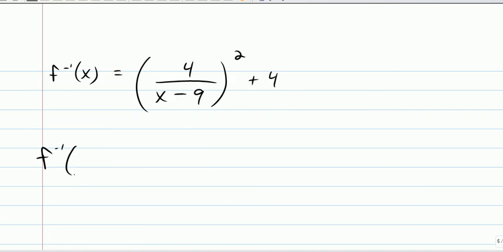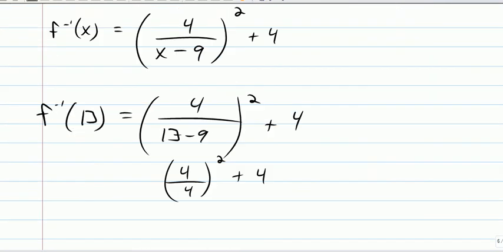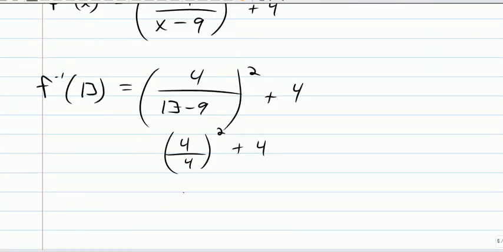F inverse of 13 equals 4 over 13 minus 9 squared, plus 4. So that's 4 over 4 squared plus 4. Alright, we want to get 5, and we did. 1 plus 4 equals 5.